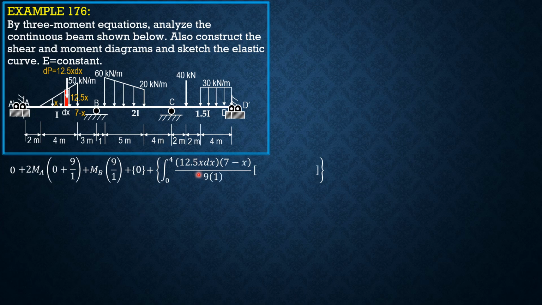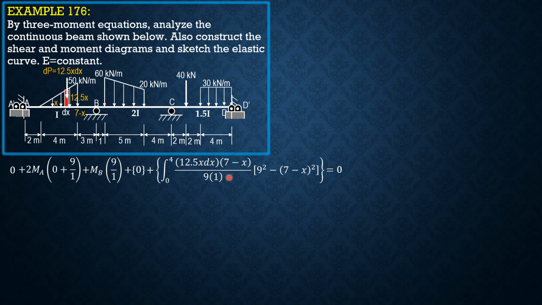So 12.5x dx, 7 minus x over 9 times 1, 9 square minus 7 minus x square. Then because the horizontal reference line at A crosses A prime and B, there are no settlements, so it equals 0.